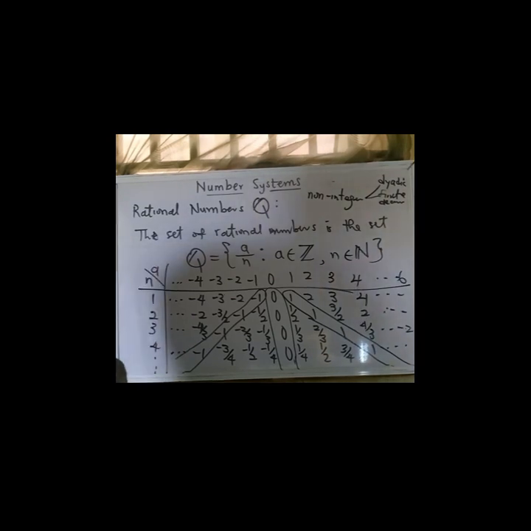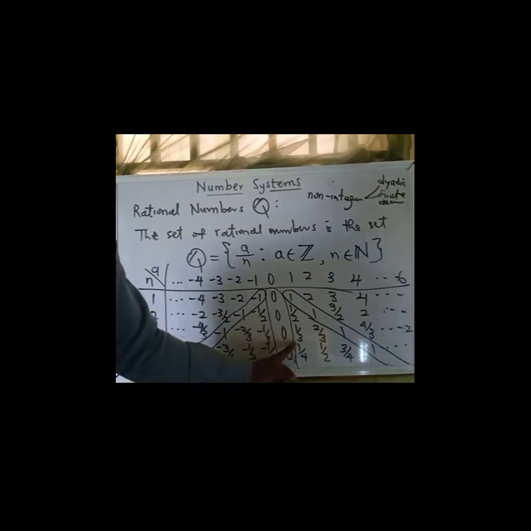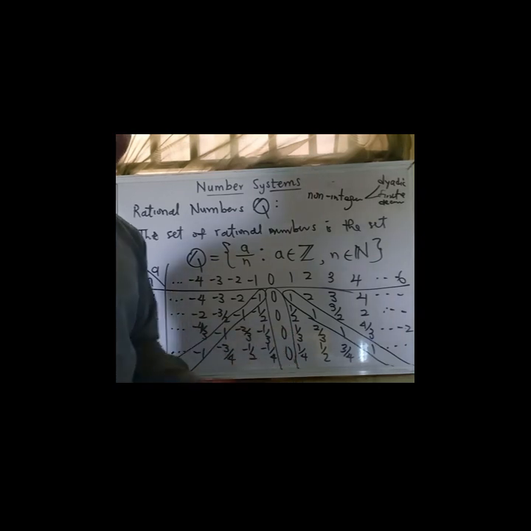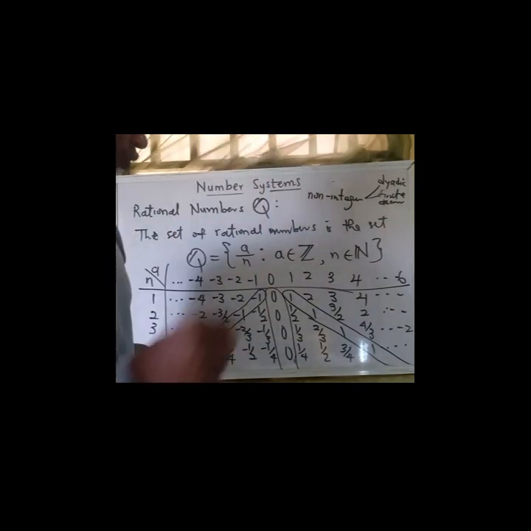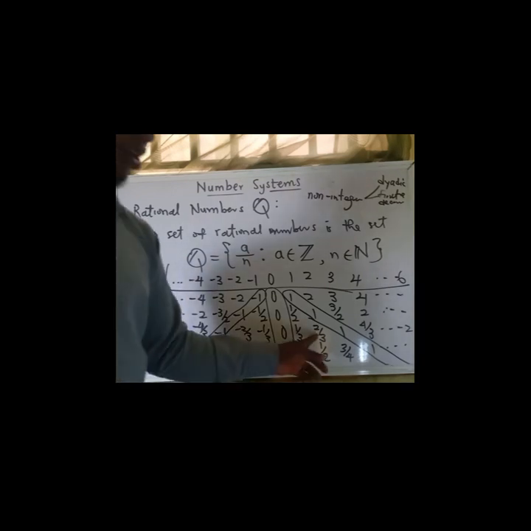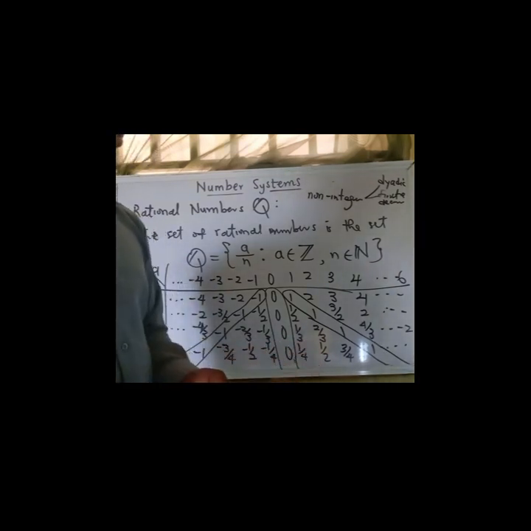Though we described this earlier, we also show some of the types of the non-integers that we have here. And lastly, the other type that we have here is the non-integers with repeating decimals. We can see many of them here, especially 1 over 3 is one of them, because 1 over 3 is 0.333333, and that 3 continues infinitely. 2 over 3 also has the same feature, because it is 0.6666 like that too.